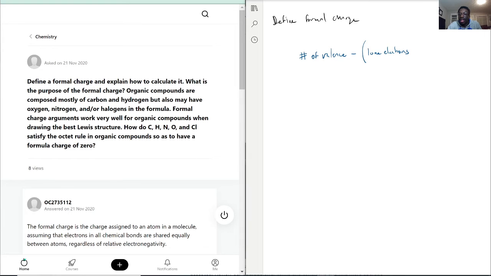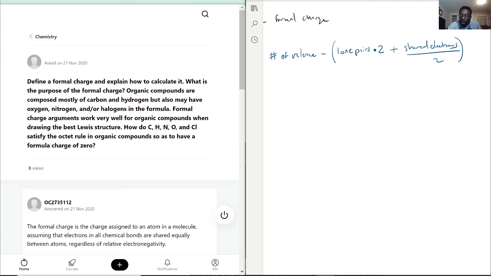So you can do lone pairs times 2, just because it makes it easier for you. Lone pairs times 2 plus shared electrons divided by 2, or you can also just say number of bonds, because they should be the same.